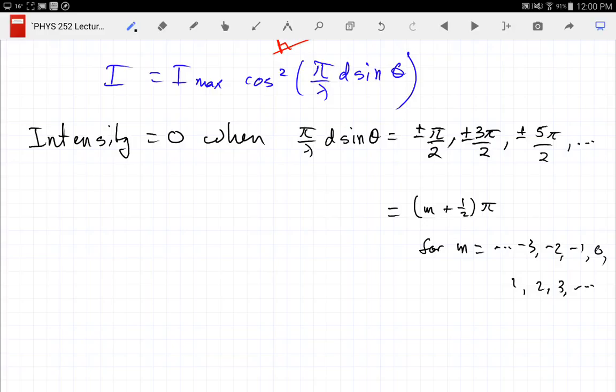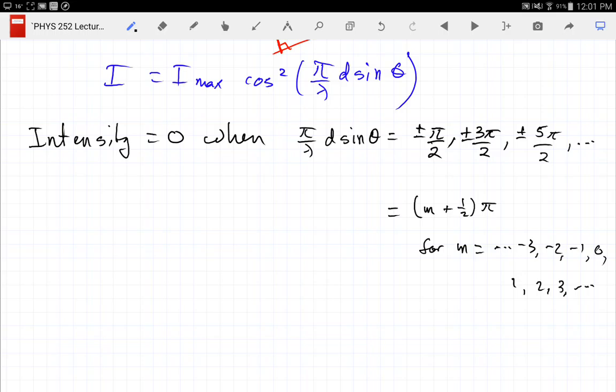If I put in m is equal to 1, I have 3/2. M is equal to 2, I have 5/2. M is equal to minus 1, I have minus 1/2. So that function encompasses all of them. So for any integer value m, positive, negative, or 0, this is going to be true.